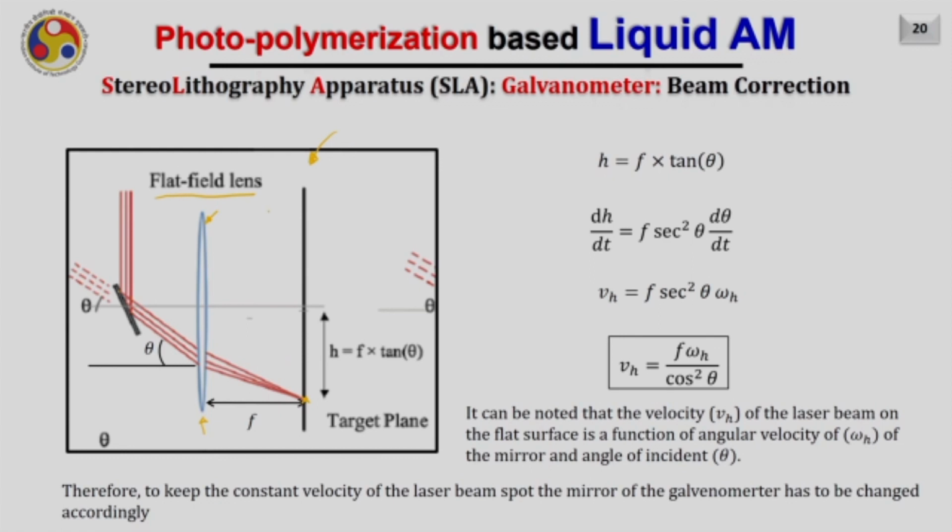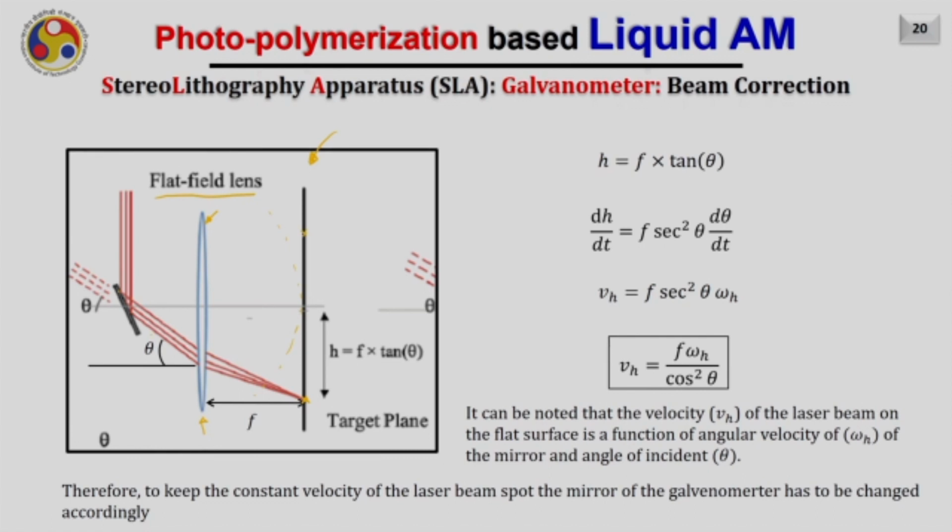Earlier you saw the focal point was always observed on a circular path or a circular screen. But if you use a flat field lens, the focal point will be achieved on the flat plate. Now this is very useful, and hence all the time the focal point will be achieved here.